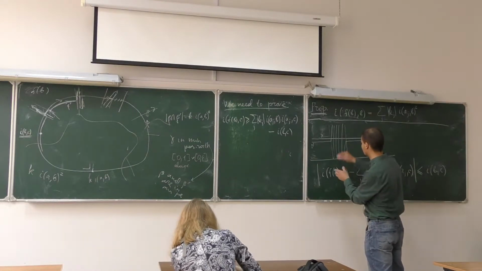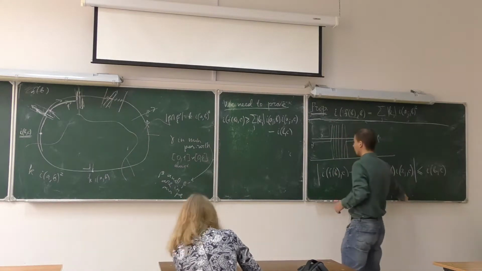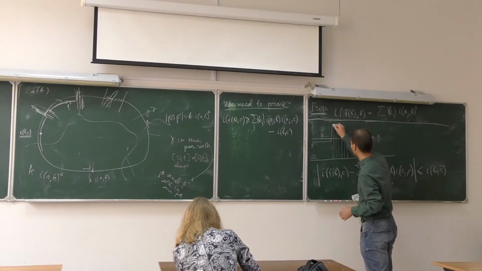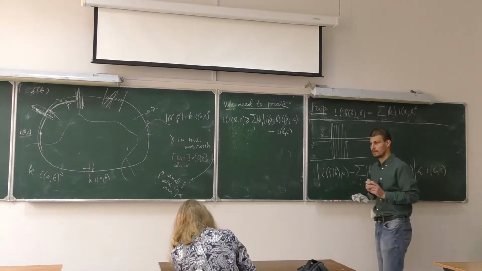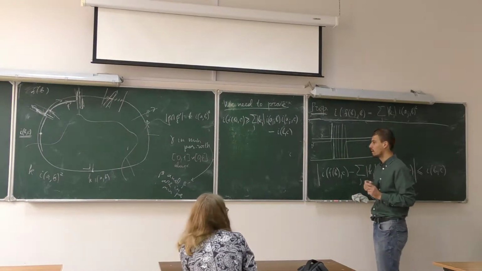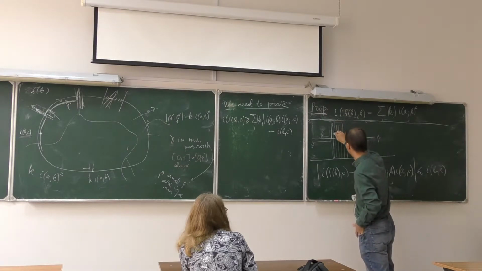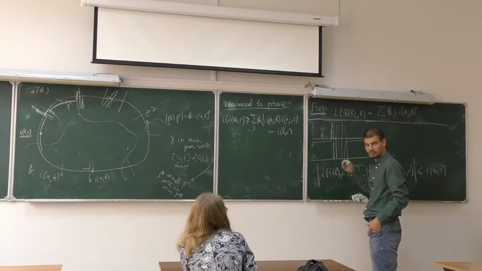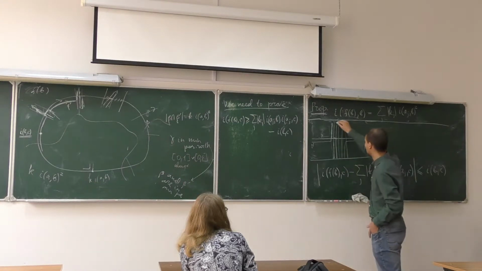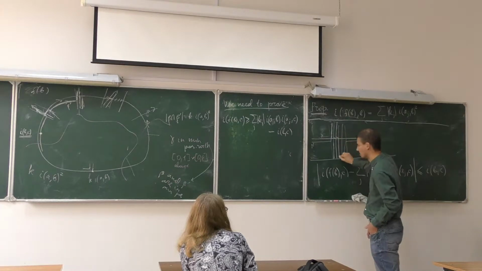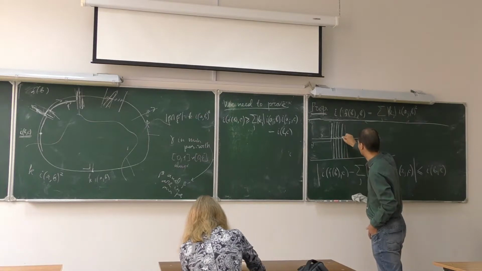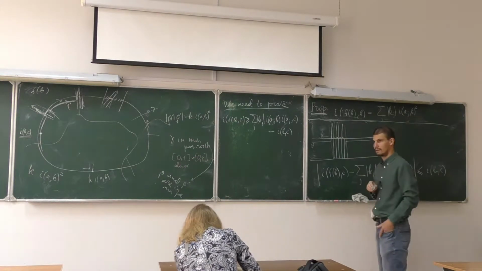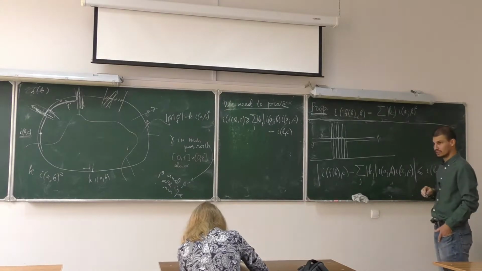I take this one and here this one will go in such way. This one will go in such way. I modify my curves. So when I arrive here, I make one step right. And the same in all intersections.